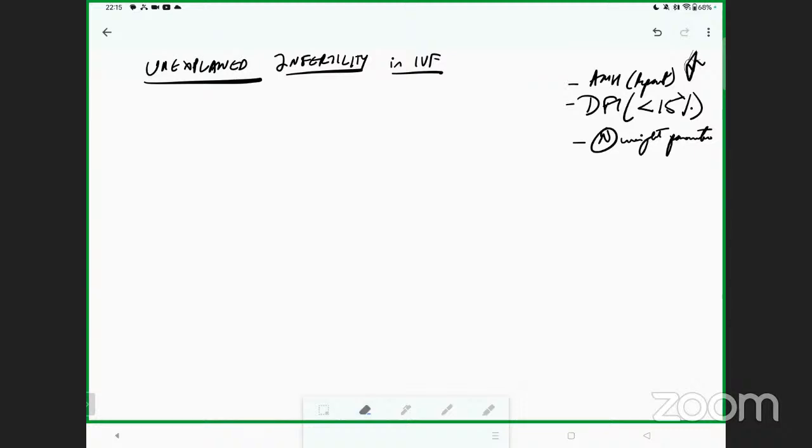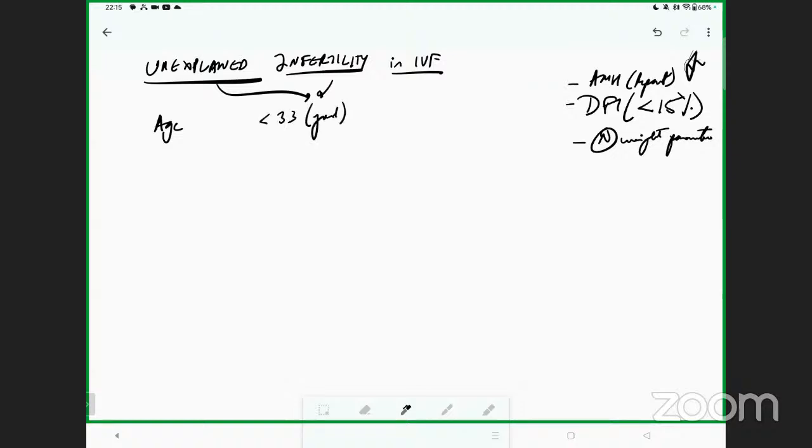All right, fine. Now, we all know that otherwise the parameters are normal. Of course, the factors on which the entire stimulation for these patients of unexplained infertility is going to depend: the first criterion is age. If the age is less than 33, outcomes are good.